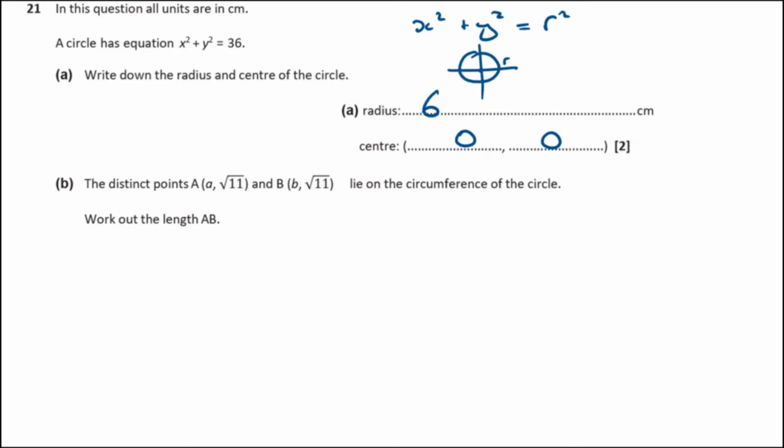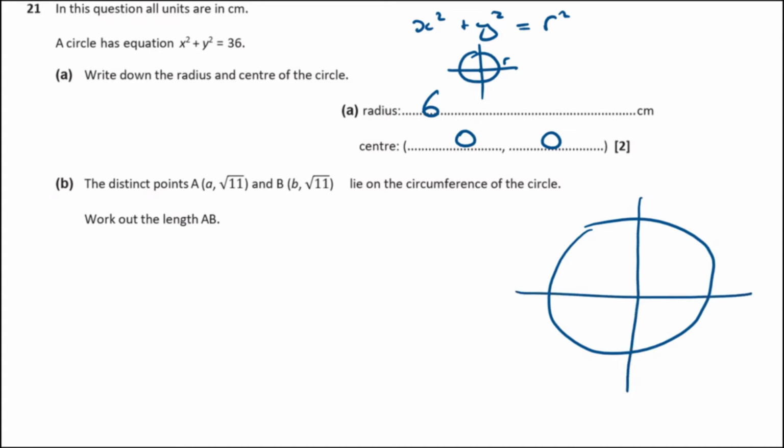Now part B says that the distinct points A, which have coordinates (a, root 11), and B with coordinates (b, root 11), lie on the circumference of the circle. Work out the length AB. So let's just draw a slightly bigger sketch so I can add some things onto this diagram. So here's my circle centered on the origin. Now it's got 2 points with height root 11, so they're going to be lying on a straight line, aren't they?